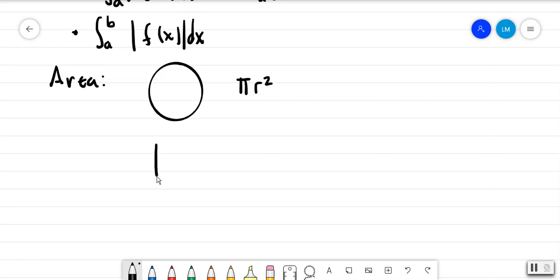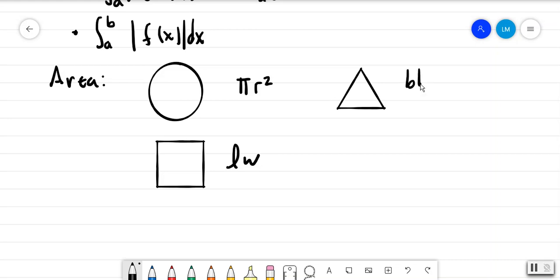If we have a rectangle, the area is just length times width. We also know that if we have a triangle, the area is base times height divided by 2.